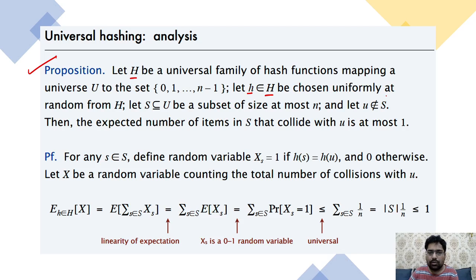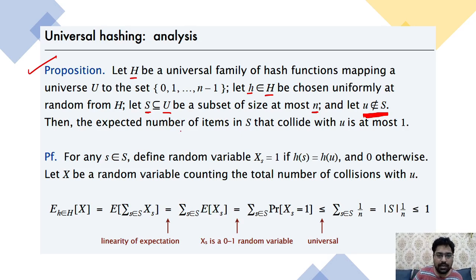So choose h uniformly at random from H, where S is a subset of U, which is universal one. It has at most n slots, meaning m is equal to n. This is what we are going to discuss next. It says that u does not belong to S, meaning whatever u we are trying to find is not present there.